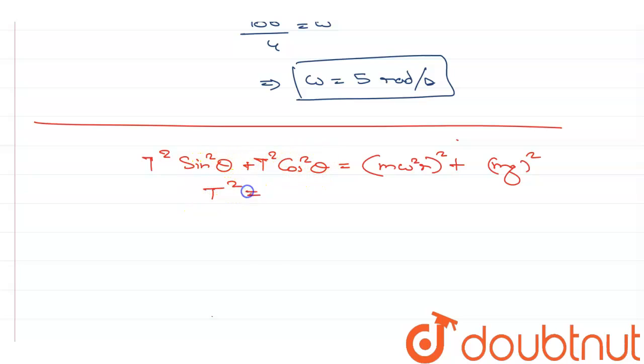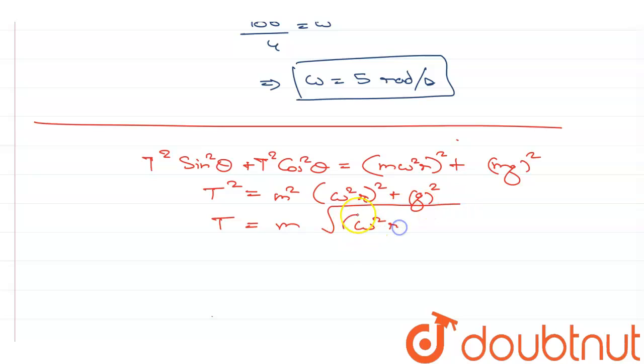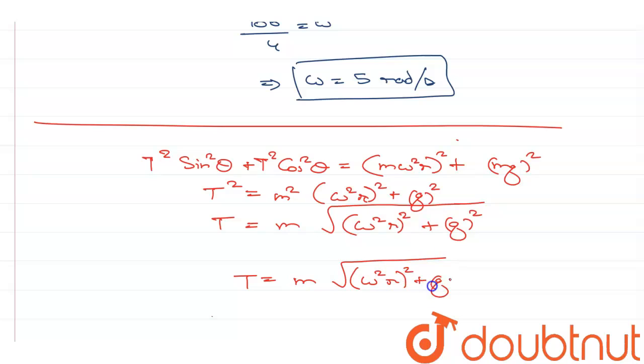So T square is equal to, I can take m square common, m square times ((omega square R) whole squared plus g squared). That gives me T is equal to m root of (omega square R) whole squared plus g squared.